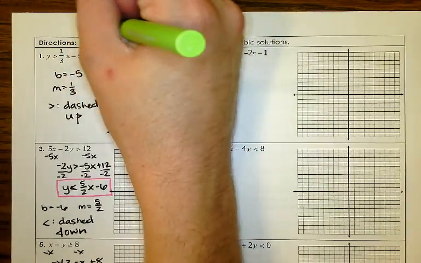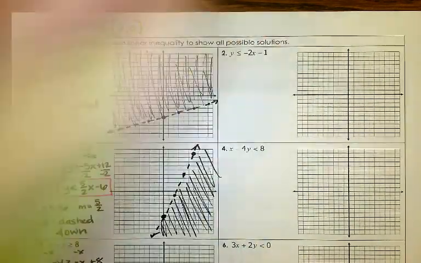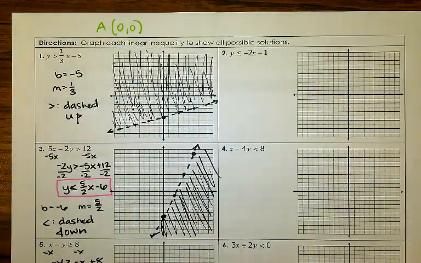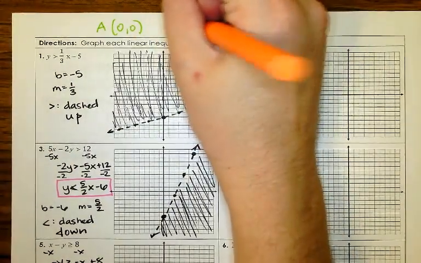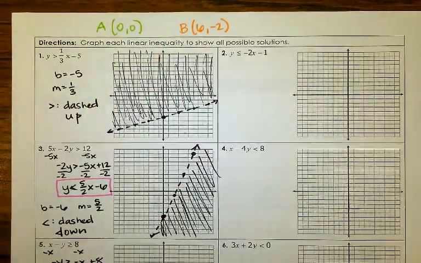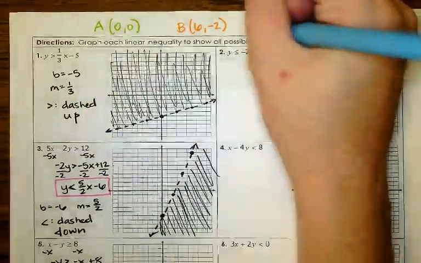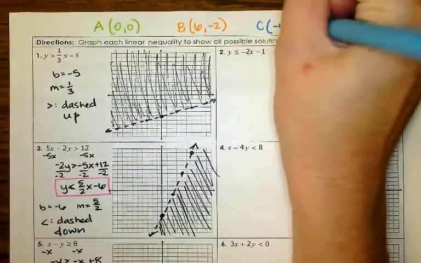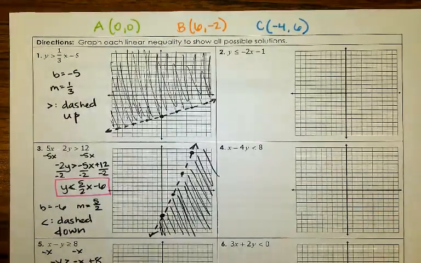Here's point B, which is 6, -2. We have point C, which is -4, 6. And then last but certainly not least is point D, which is -1, -4.